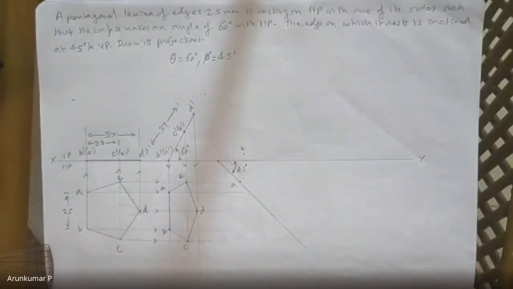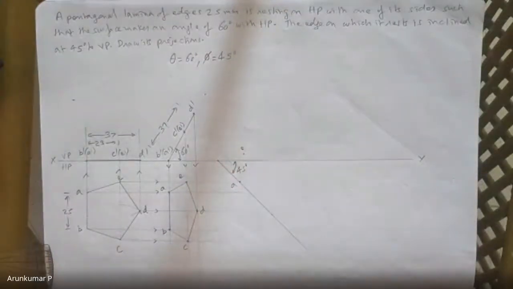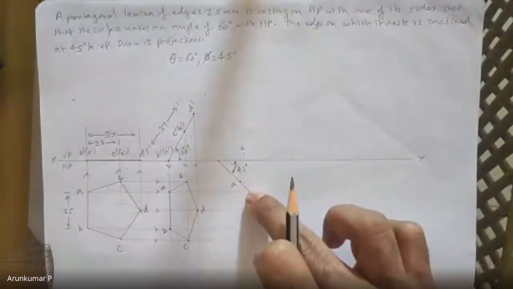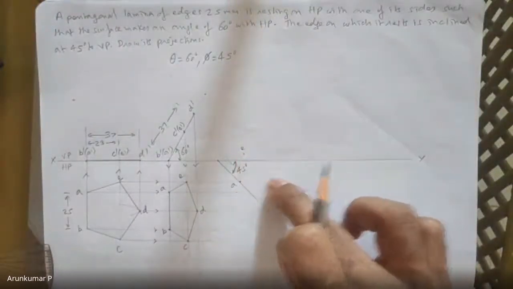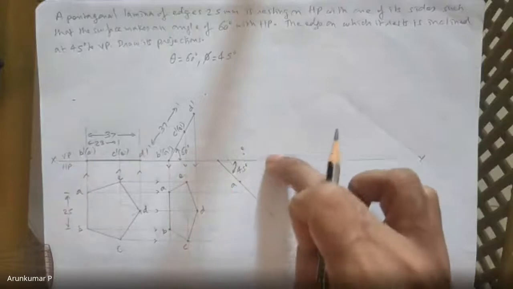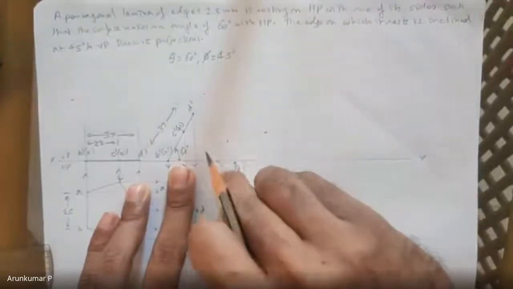You cannot. No portion of the top view should go above XY line. So don't do this. Leave some gap. You have to leave sufficient gap so that no portion of this top view goes above XY line. So please be very careful. Otherwise, you may have to redraw the things.